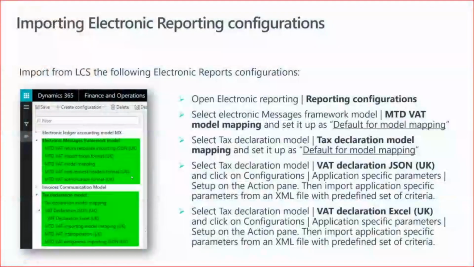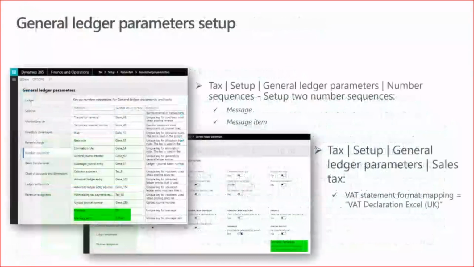Just very briefly, as I mentioned, we'll give you this deck after the presentation, and you can look through those slides. Just for reference, what I have shown you is that you have to import additional formats from LCS, which are for the electronic messages framework model and the tax declaration, and apart from this deck, you will have documentation which will guide you on how and what to import from LCS.